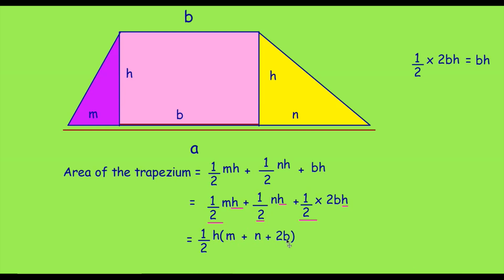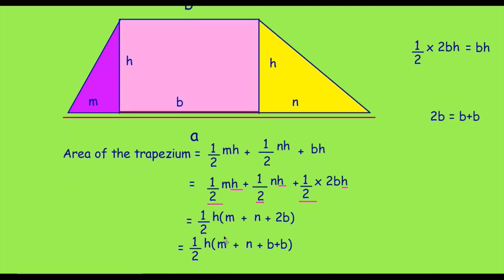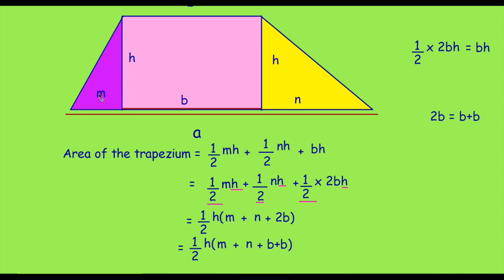Now it is half h into m plus n plus 2b. 2b you can write as b plus b. So we get half h into m plus n plus b plus b. Now look at the figure. What is m plus n plus b? It is equal to the whole length, equal to a.